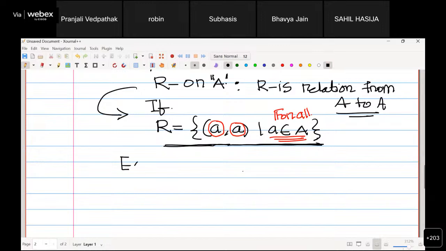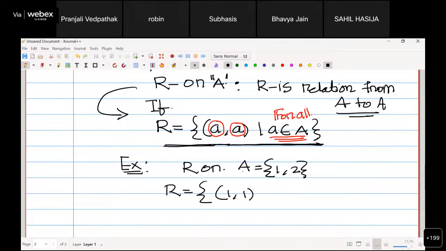Suppose you take a relation R on this set A, where R is {(1, 1)}. Is it an identity relation on A?